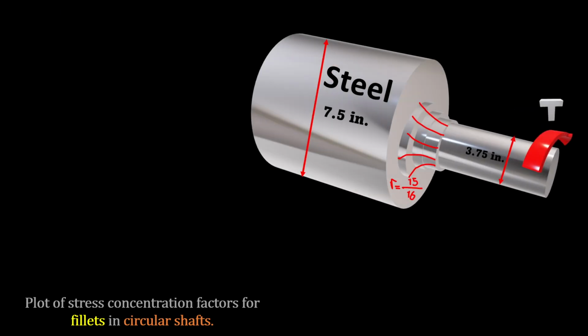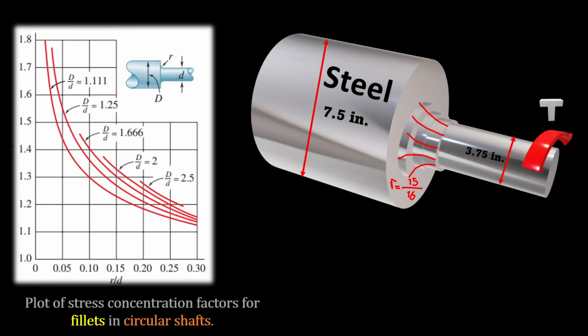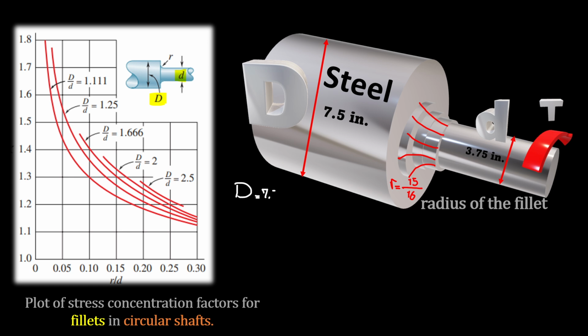So to start the problem, we'll jump to the plot of the stress concentration factor for a fillet in a circular shaft. With the diameters capital D, small d, which are 7.5 inches and 3.75 inches, the radius of fillet is 15/16, which is almost 0.94 inches.